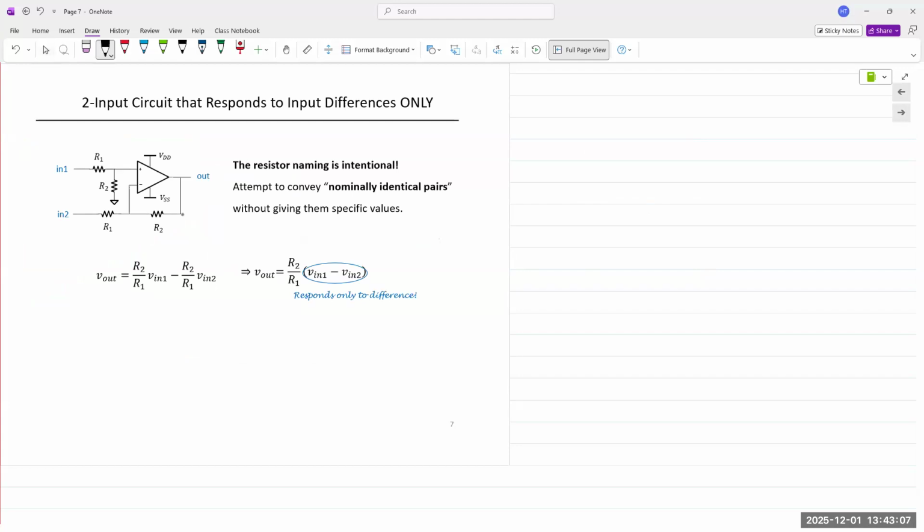So V out is going to be R2 over R1 times V in 1 and R2 over R1 times V in 2. V in 2 is the inverting terminal. V in 1 is connected to the non-inverting terminal.